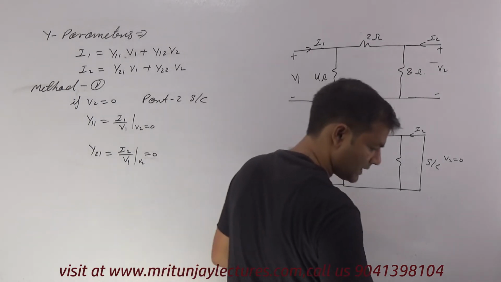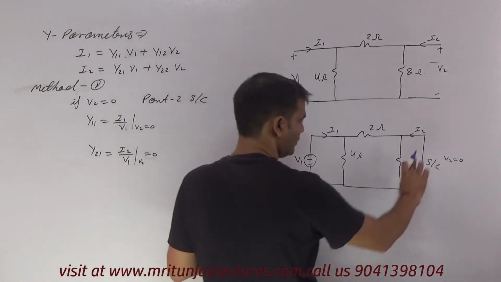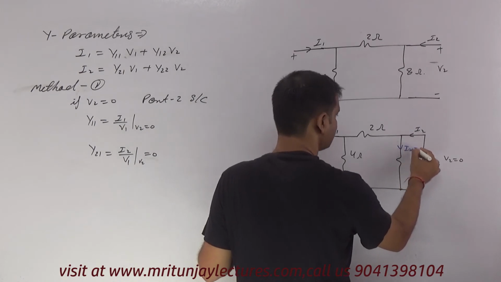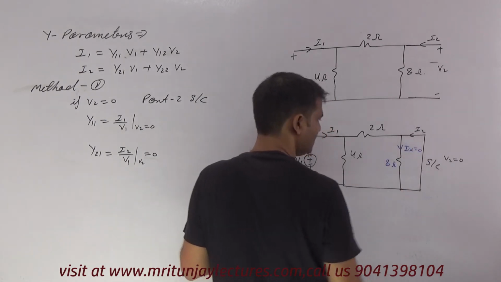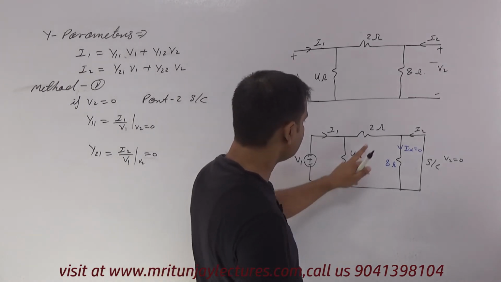Clear? First of all, the voltage across this one is 0, so no current flows, Ix equals 0. Now this one is 4 ohm and that is 2 ohm.